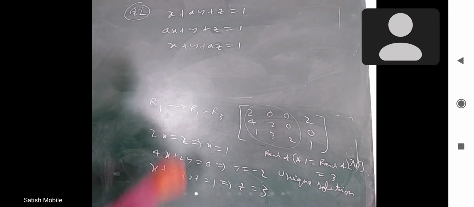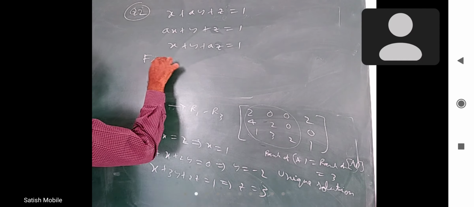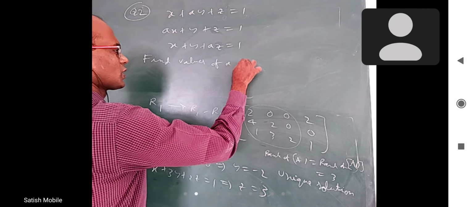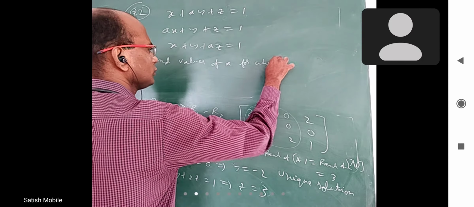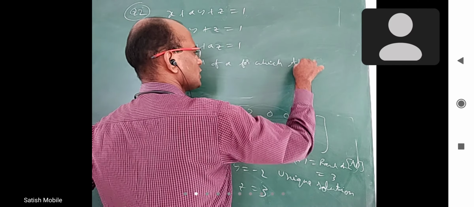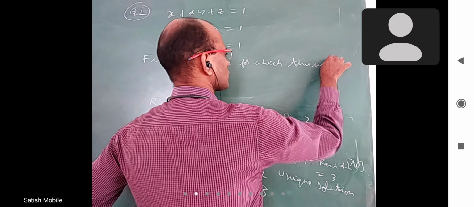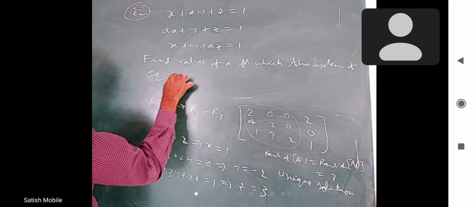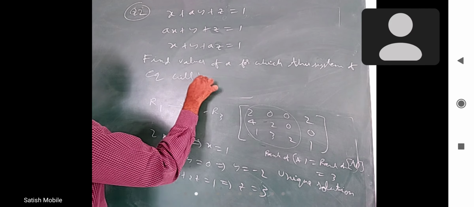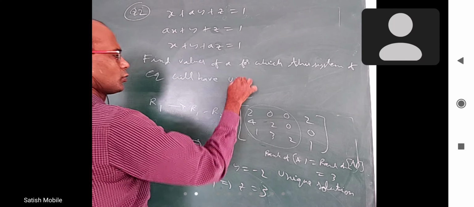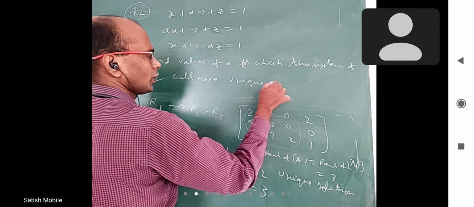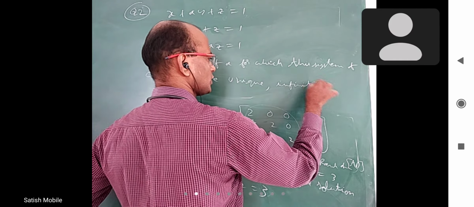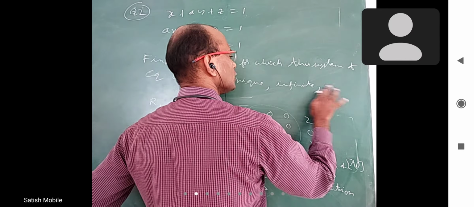What we have to do is find the values of a for which this system of equations will have unique, infinite and no solution respectively. Unique, infinite and no solution.